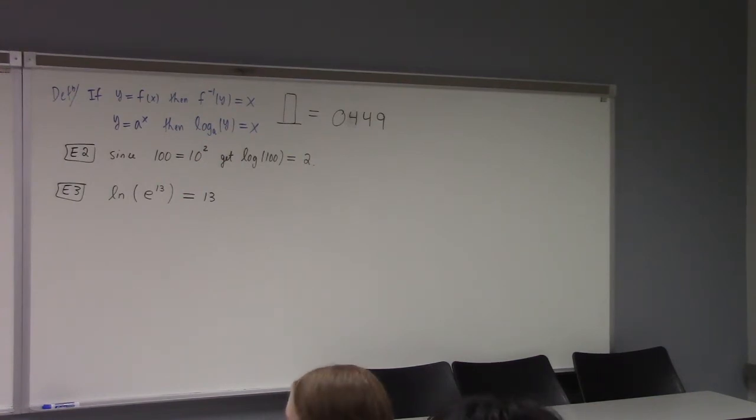And you could also see that the tangent to y equals 2 to the x at (0, 1) has slope less than 1. So y equals 3 to the x has slope bigger than 1 at x equals 0, whereas y equals 2 to the x has slope less than 1 at the y-intercept.